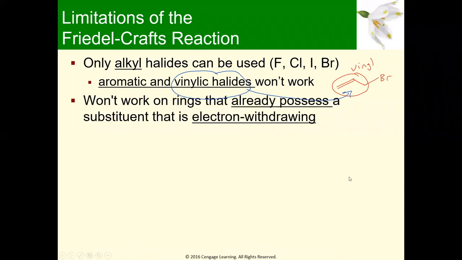The other situation where it won't work is when your benzene ring has already been substituted, and the substituent is what we call electron withdrawing. We'll get into that more in depth in lesson 2 tomorrow, but for now, just get it in your notes. So it won't work on rings that already possess a substituent that is electron withdrawing.